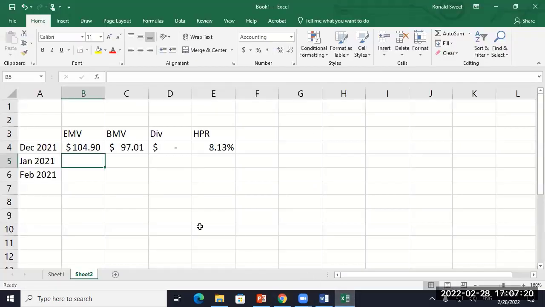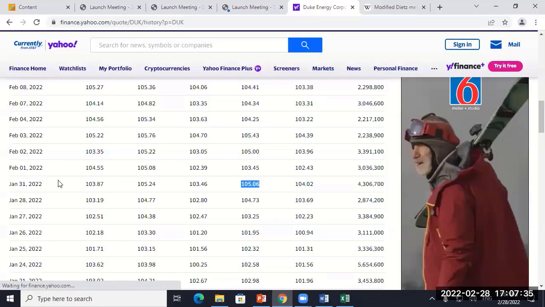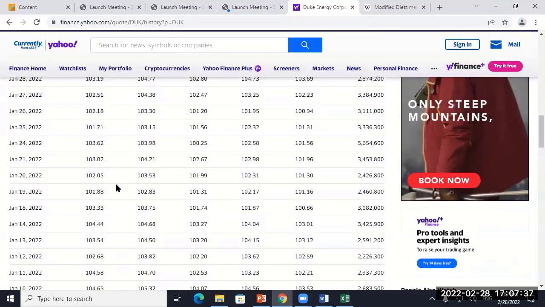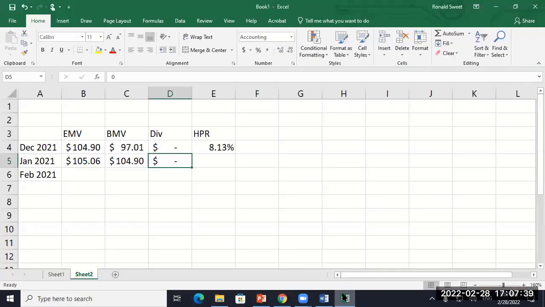105.06. Does that look right? 105.06 is January 31st. I didn't see a dividend, I don't think. So no dividend, 105.06.